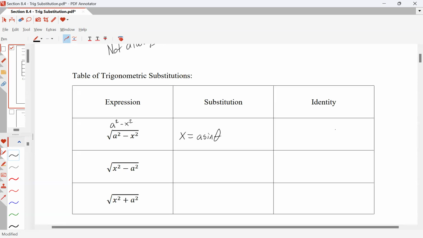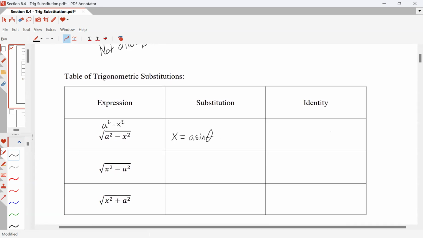The reasoning for this is we can then use the identity that cosine squared theta is equal to 1 minus sine squared theta. And using that Pythagorean identity, the subtraction will just turn into a cosine.